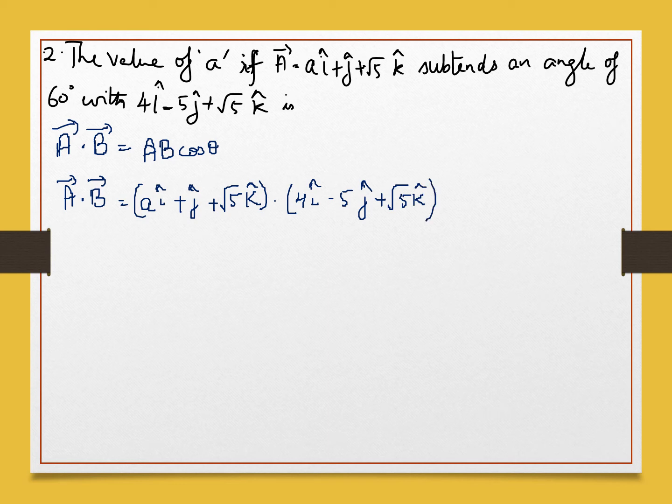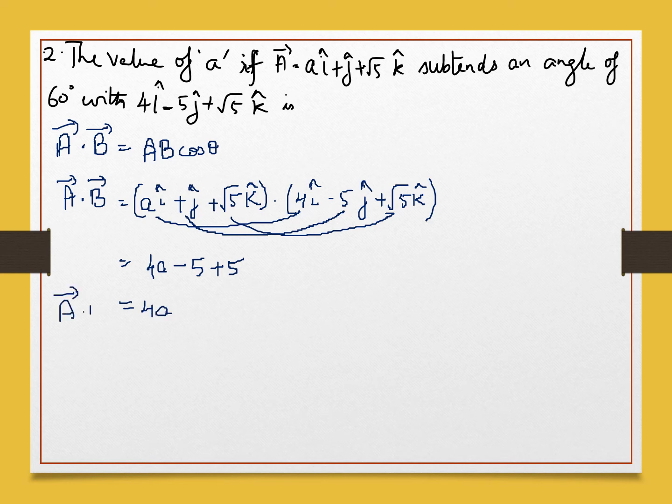So here in the dot product we have to multiply the coefficients of unit vectors of one vector with the unit vectors of the other vector. So that means a into 4, that is 4a, plus 1 into minus 5, plus root 5 into root 5, that will be plus 5. So we are getting the answer as 4a for a vector dot b vector.